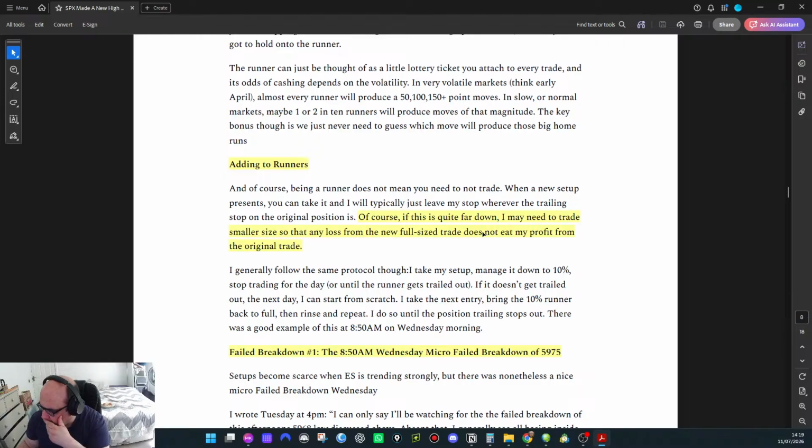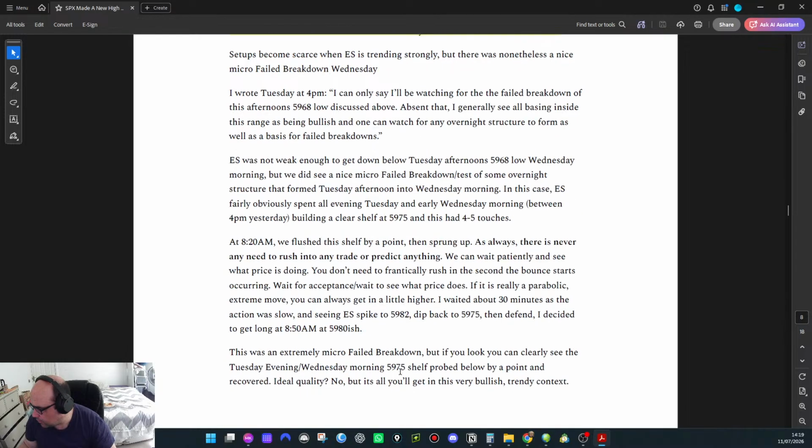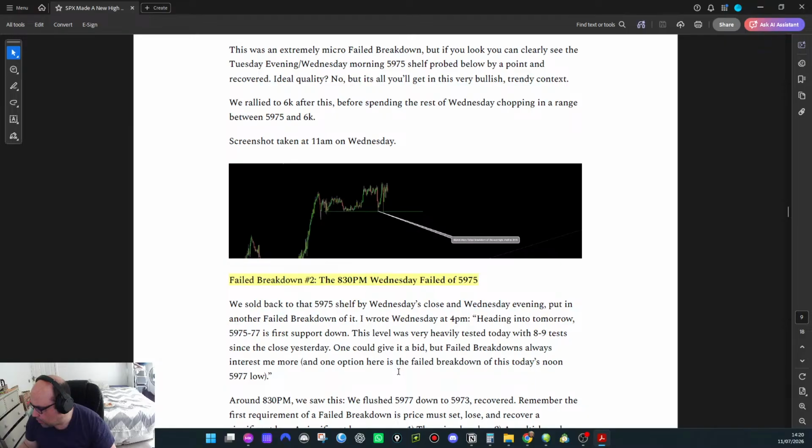Okay. Paper tile number one, 8:50 Wednesday. So there's one at Wednesday, 8:50 in the morning. It says microfilter. I don't want to take microfilter. Yeah, gonna take this off. So it's Wednesday, 8:30 in the night, 59.75.